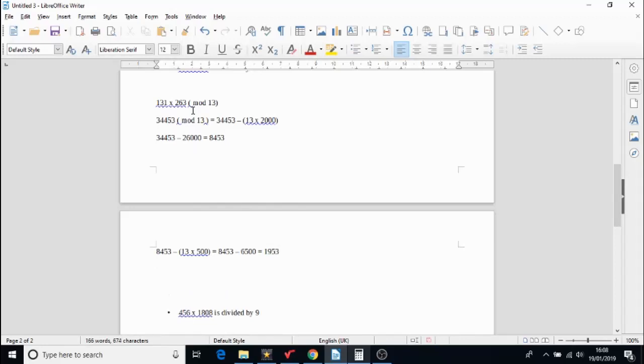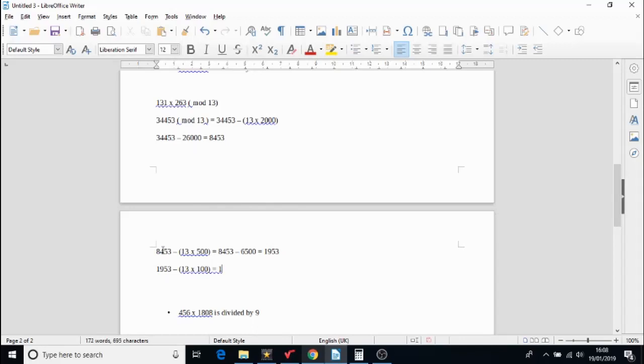So again, we're still continuing the chunking process. We're still trying to find out the original question, 34,453 mod 13: what's the remainder? Again, we can do 1,953 minus 13 multiplied by 100.